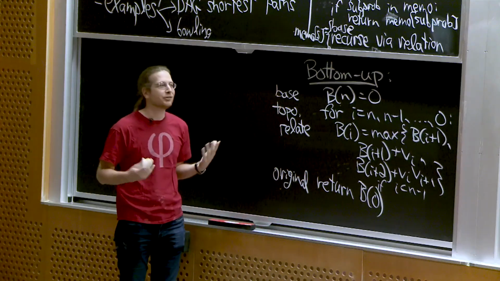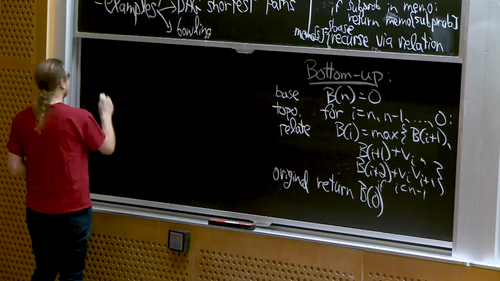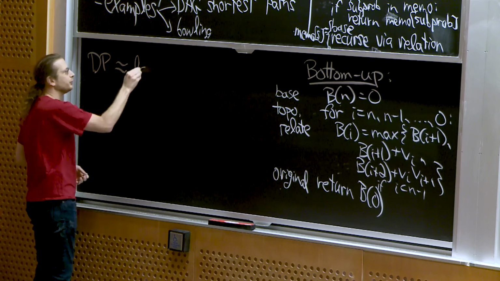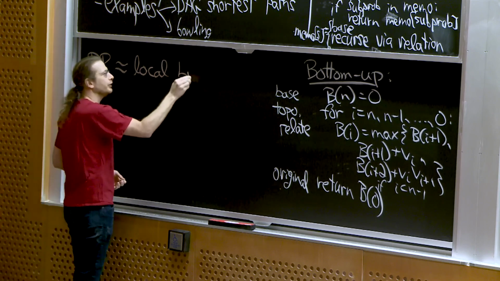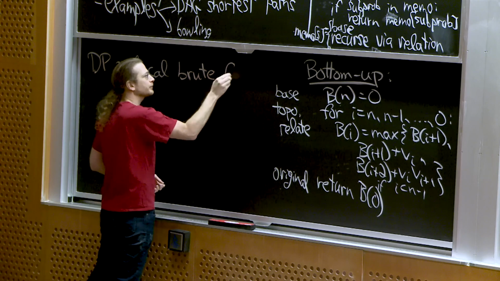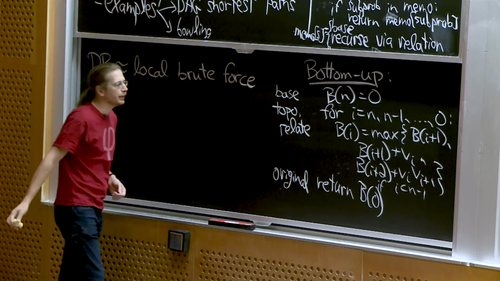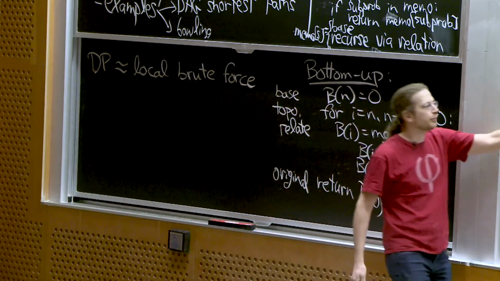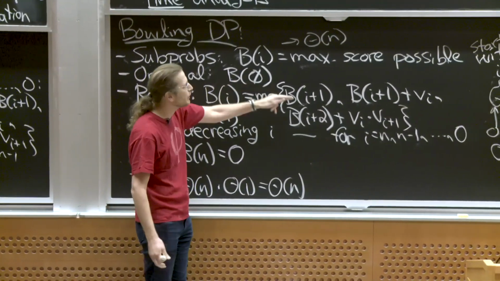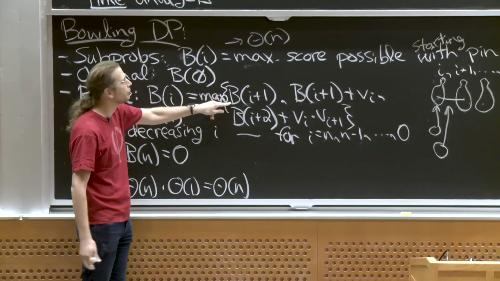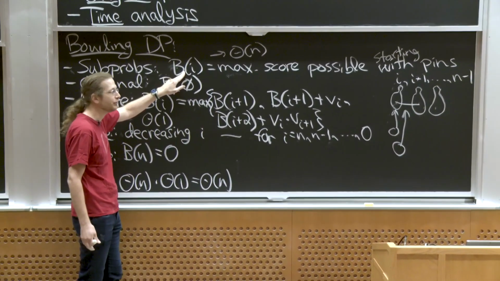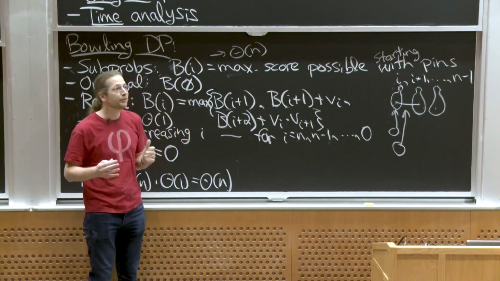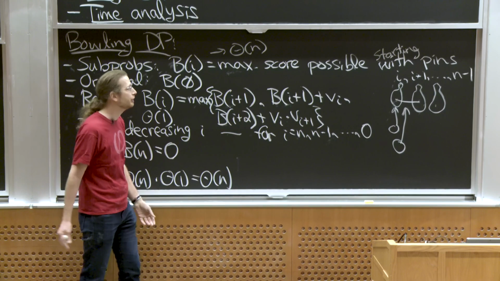It's almost like magic. DP is essentially an idea of using local brute force and by defining a small number of subproblems up front, and as long as I stay within those subproblems, as long as I'm always recursing into this polynomial space, I end up only doing polynomial work, even though I'm in some sense exploring exponentially many options.